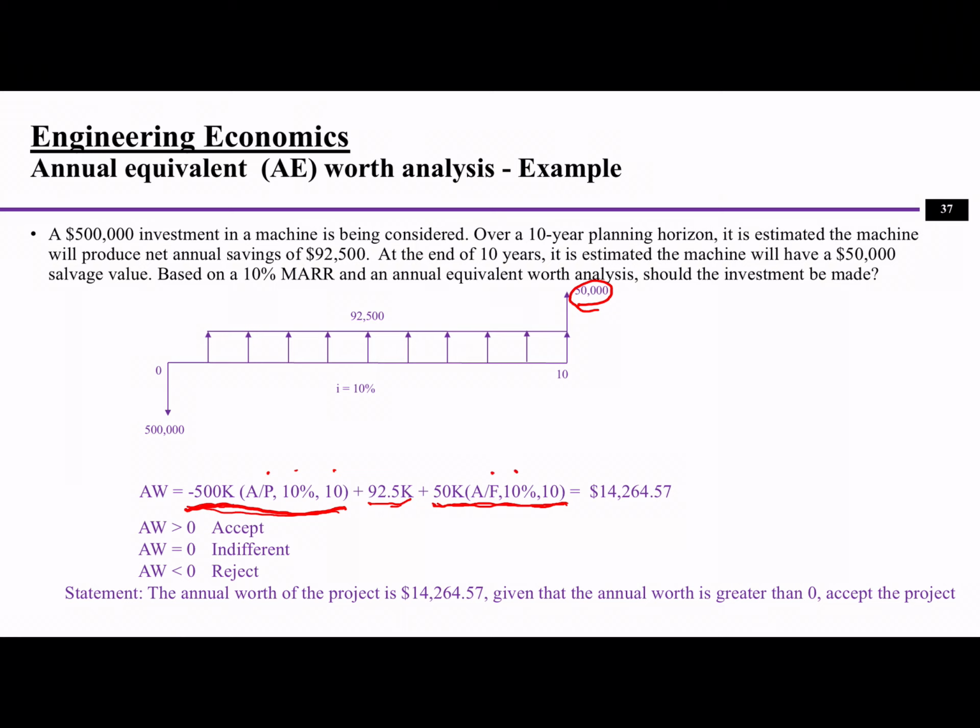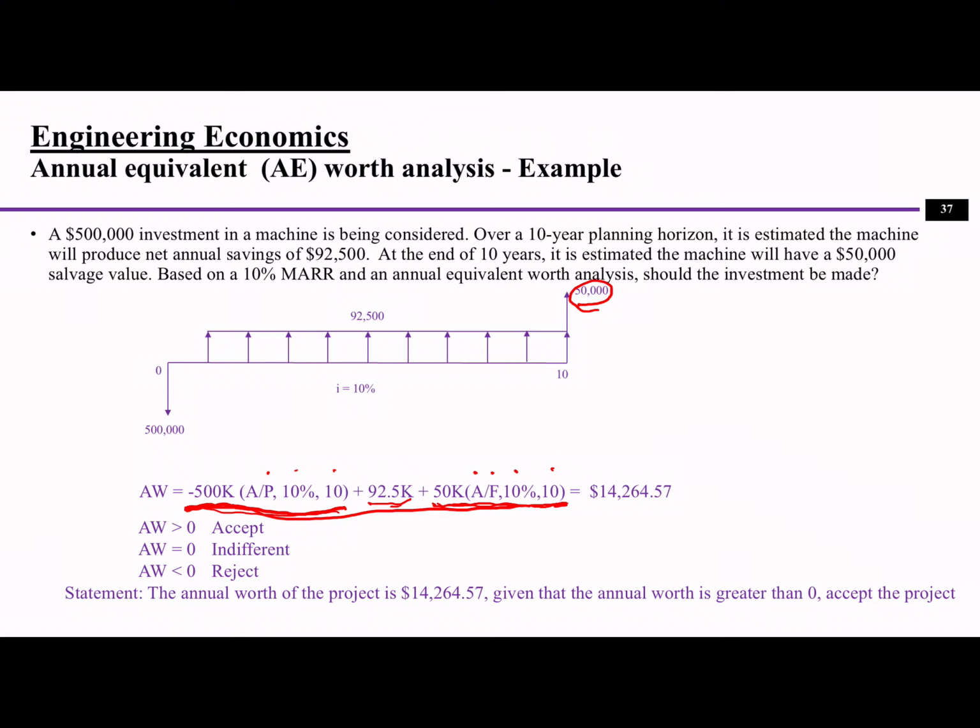To the equivalent payment. Then we use the future value, which is this, and the interest rate is 10%, over 10 periods. So we can find the annual amount. From this, we can do the calculation and find out that the annual worth is actually $14,264.57.